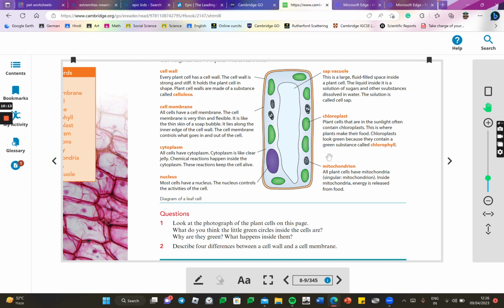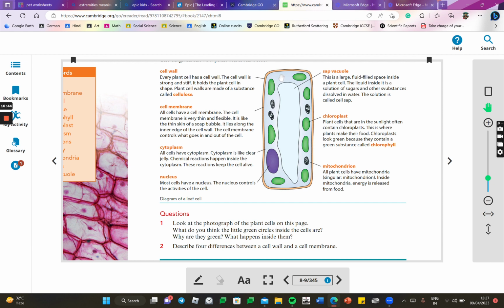I'm telling you, we're not green. This is where plants make their food in the process of photosynthesis. Photo means light and synthesis means the process, so it is a process using light where energy is created. Chloroplasts look green because they contain chlorophyll, as I said, and plant cells in sunlight often contain chloroplasts.